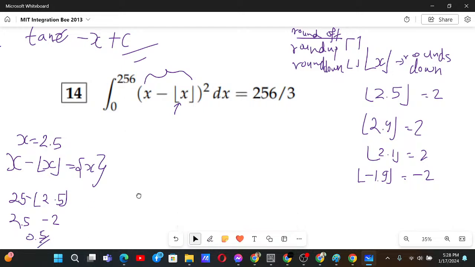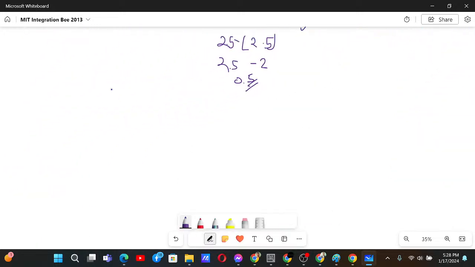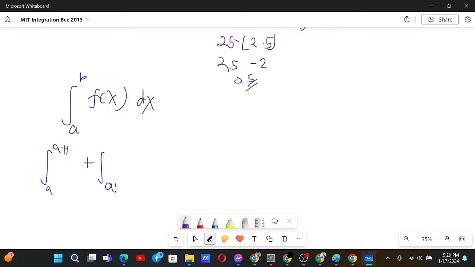Now, first of all, it's important to know that in such a case, if the integral is going from a to b, and there is a function that involves g, what we do is we try to break these integrals in this way. And there's a benefit as well, I will tell you later.